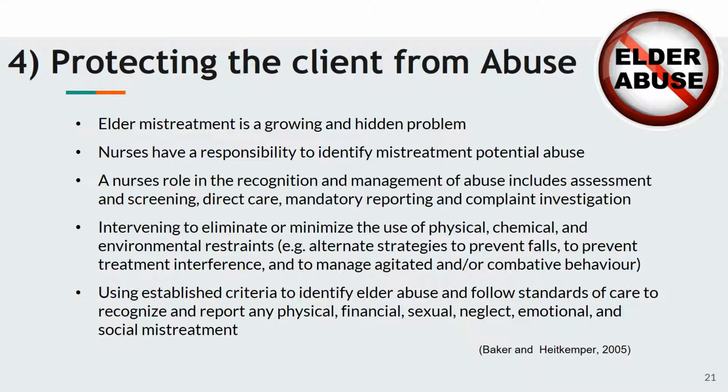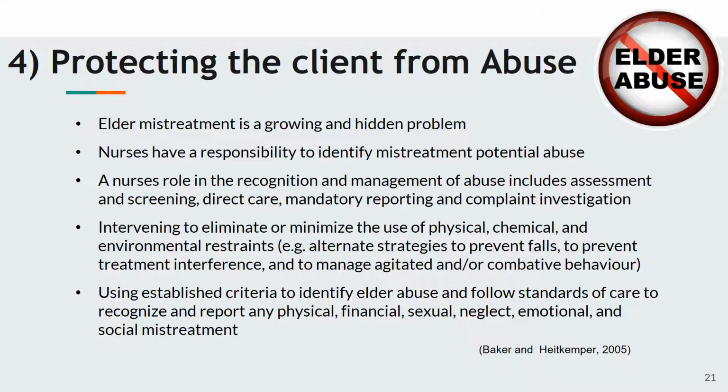And the last component of the therapeutic nurse-client relationship is protecting the client from abuse. So in terms of the elderly, elder mistreatment is growing and a hidden problem. Nurses have a responsibility to identify any mistreatment or potential abuse.